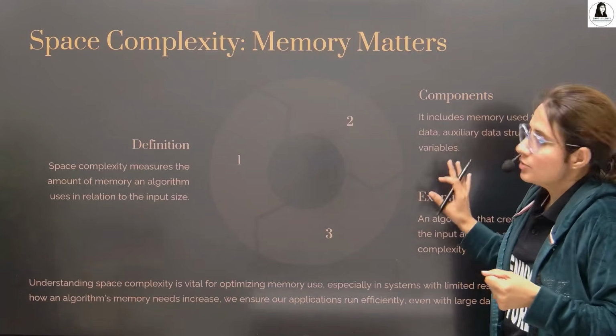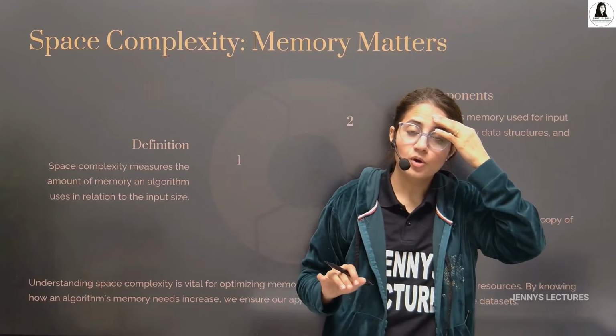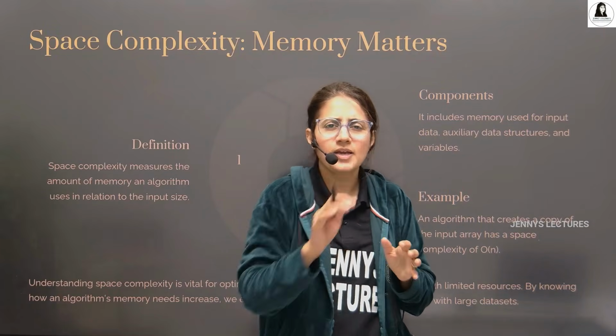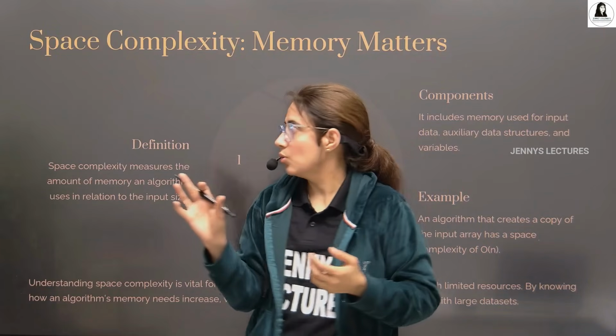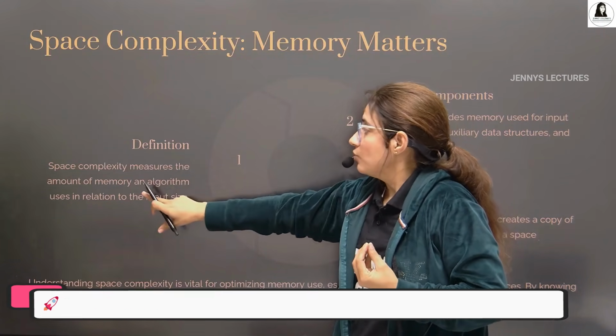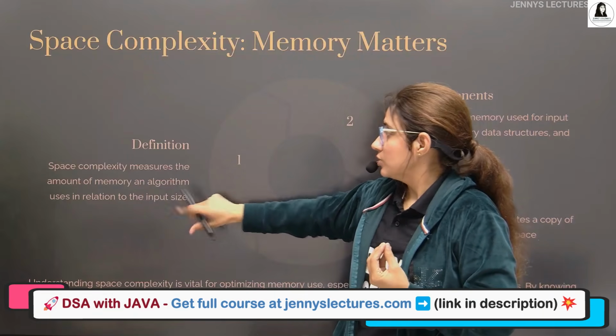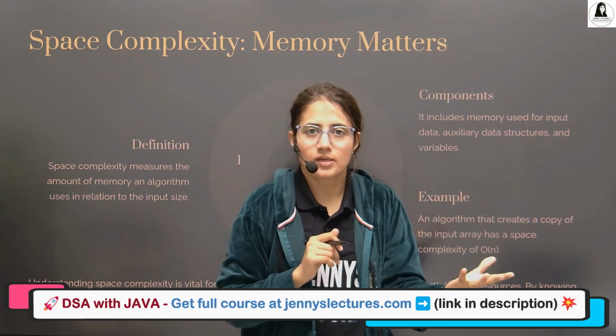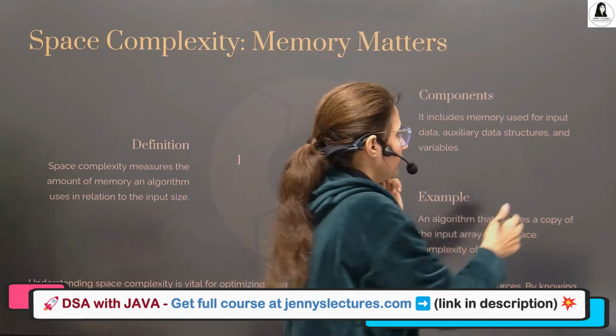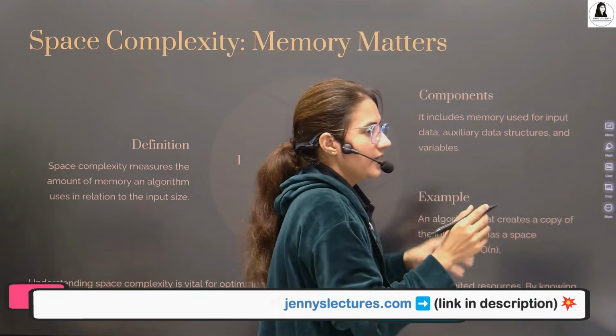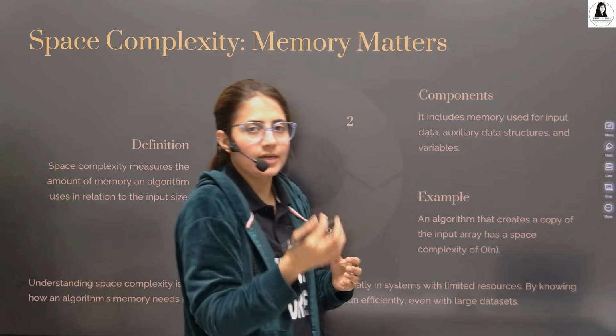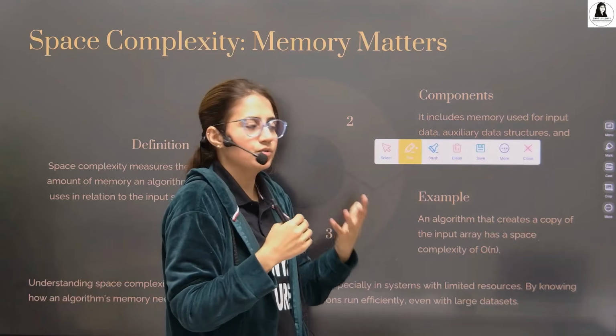Now I hope you got time complexity, so space complexity now. Space is like the memory requirement. It measures the amount of memory an algorithm uses in relation to the input size. So space complexity is basically a combination of the input size. Suppose we have an array of size n.